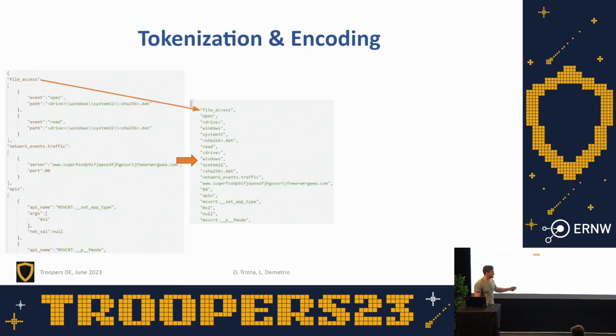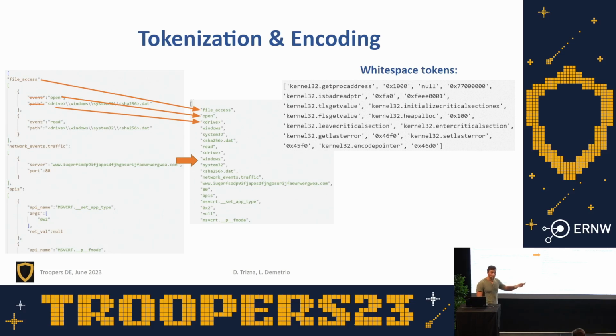How we do it with Speakeasy: we take a JSON file and, in a flat manner, just go token by token. We strip away some of them, like keys, for example, in JSON. We don't need to provide them every time for a model. The model will learn based on the sequence behavior, not by specific patterns. And we actually don't use white space tokens when you split by spaces.